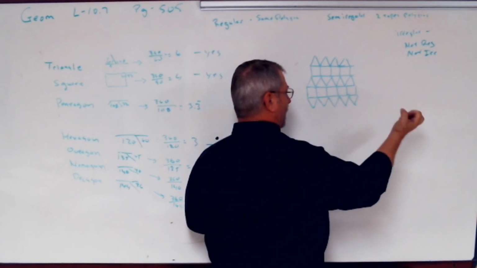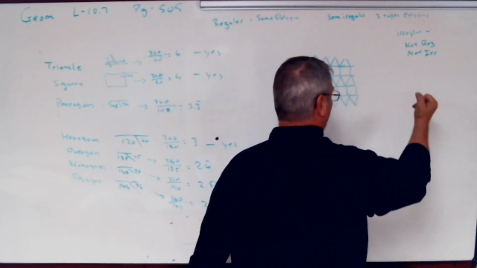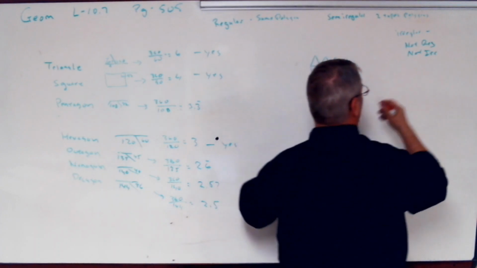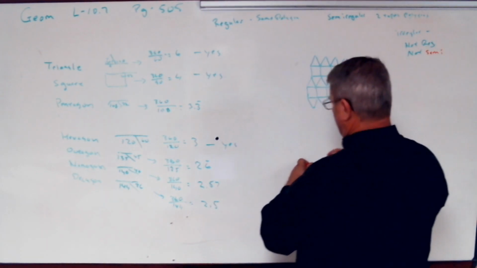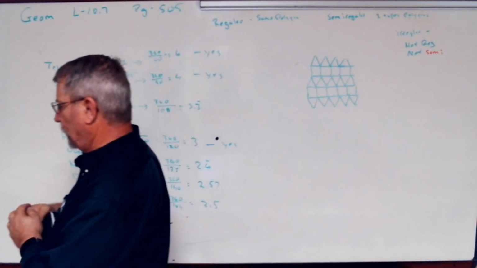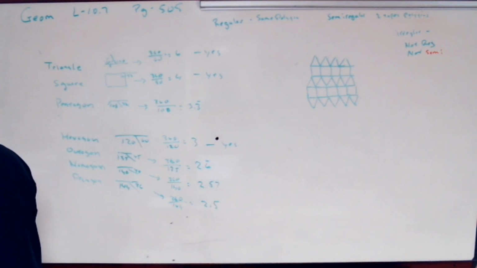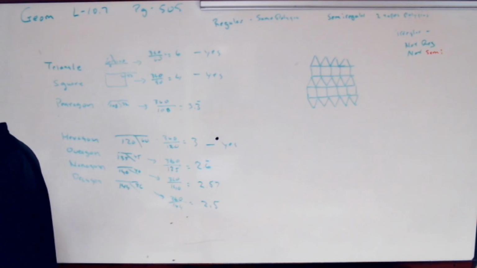Irregular is when it's not regular and it's not semi-regular. I'm not even going to try to draw some of these. If you look in your book, irregular, let's see, number 13. That's a great pattern, but there are non-regular polygons in there.